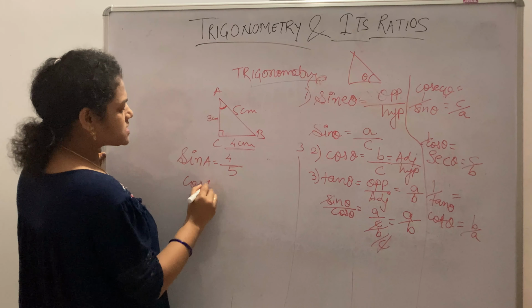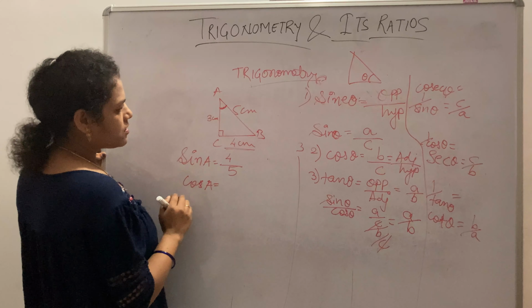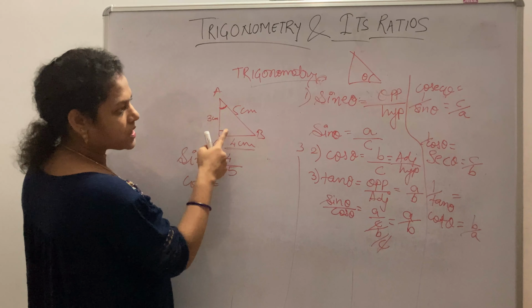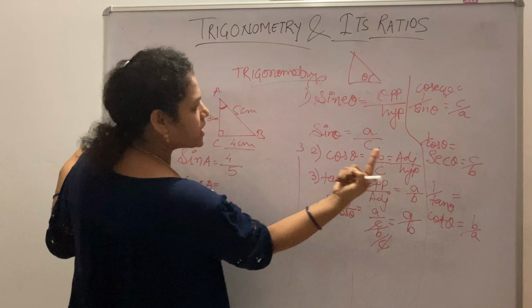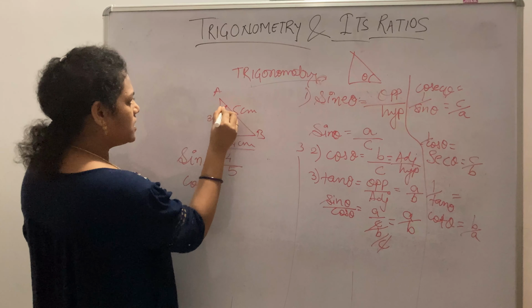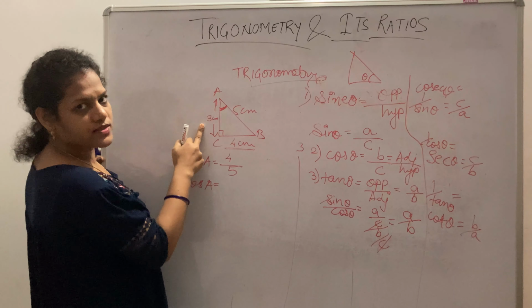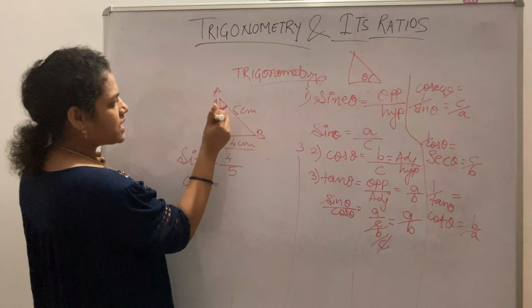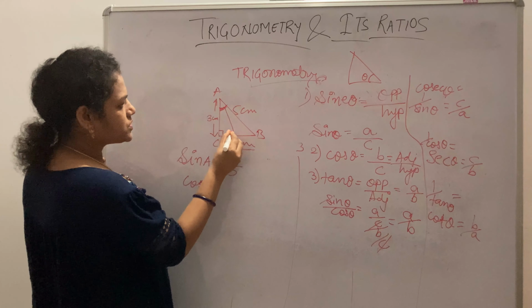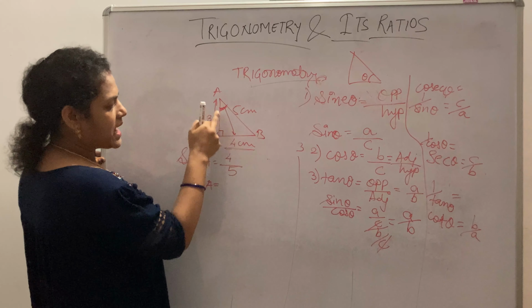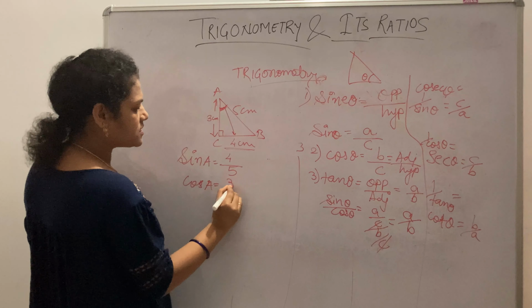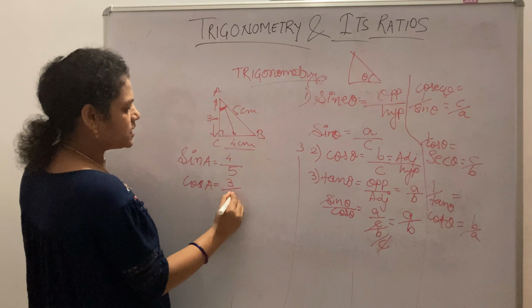Now my next is cos A. Cos is what? Adjacent upon hypotenuse. Now what is adjacent to this A? Obviously 3 centimeter, right? What I told, opposite to this is 4 centimeter, adjacent to this is 3 centimeter, and hypotenuse is again 5.